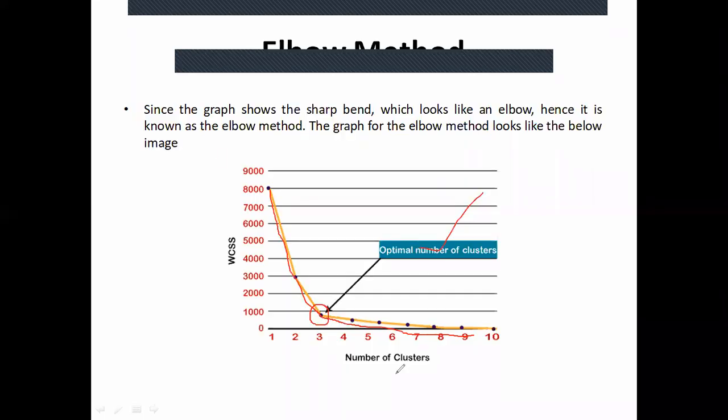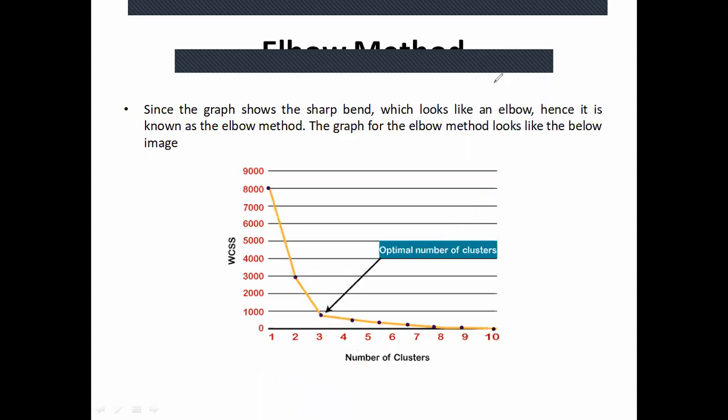For this example, the value of K that I should take is 3. The optimal value of K is 3. I shouldn't take 1 or 2, and even though WCSS is lower for 4, 5 or 6, this is the optimal value.